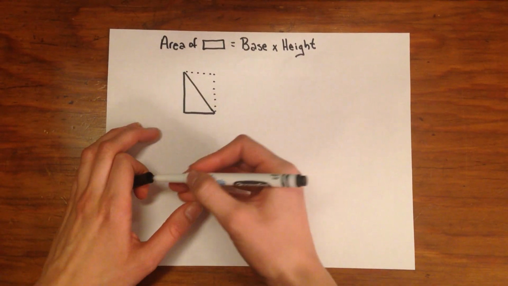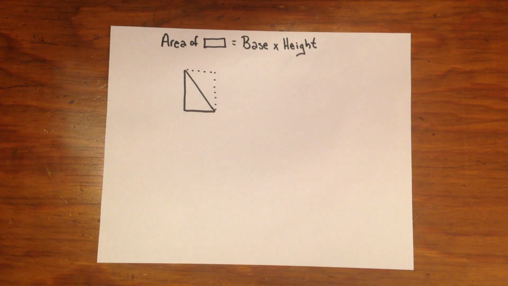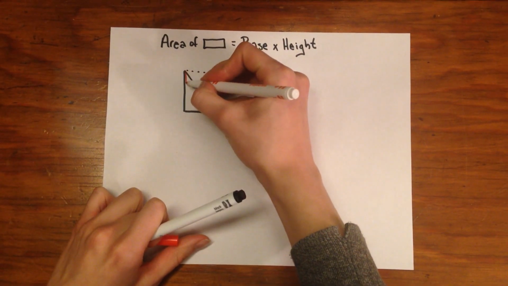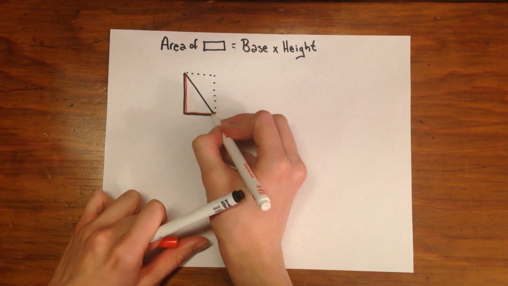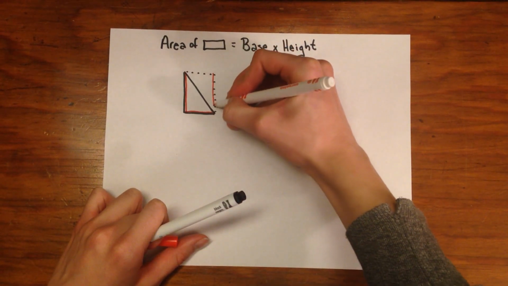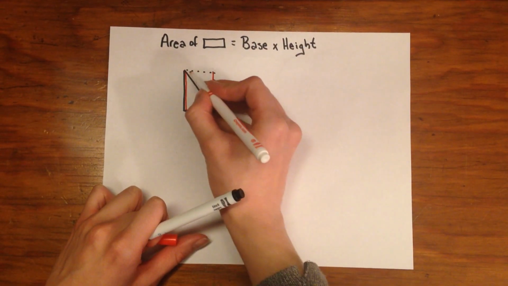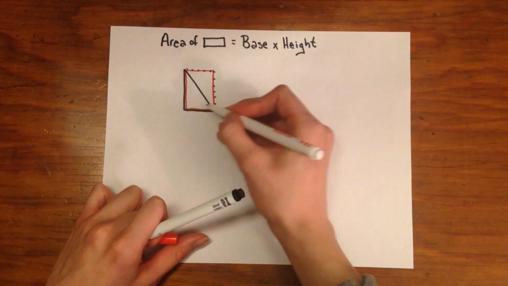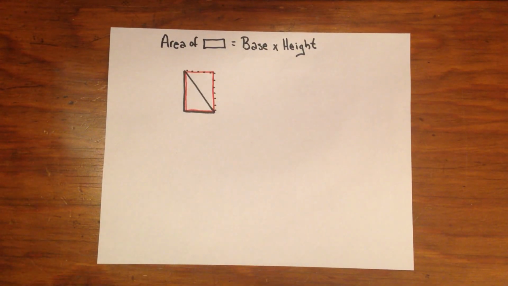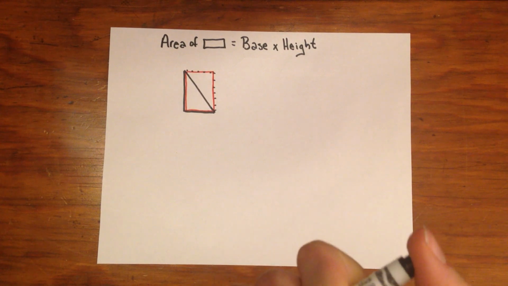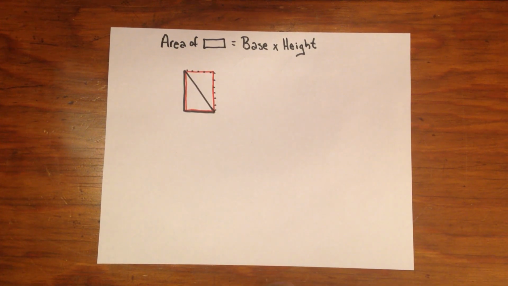So you see that when you put it all together, you've got your original triangle, and then you have this invisible triangle here, as if we were having two. That'll make your rectangle. That'll make your home base. Okay, so cool. We found how to make this triangle into a rectangle.